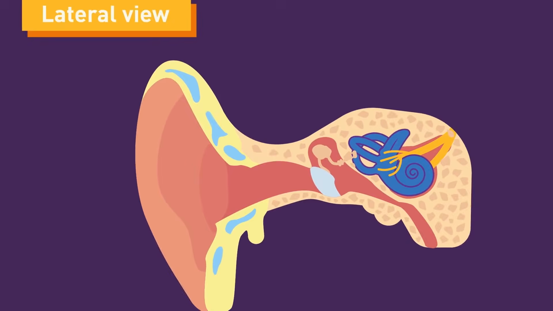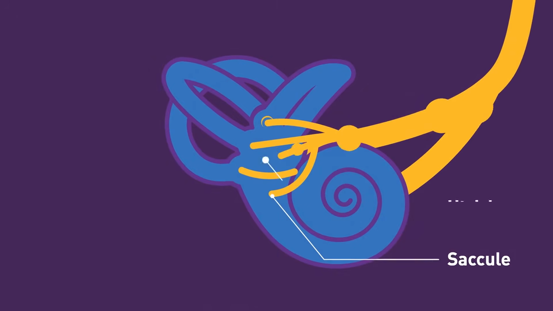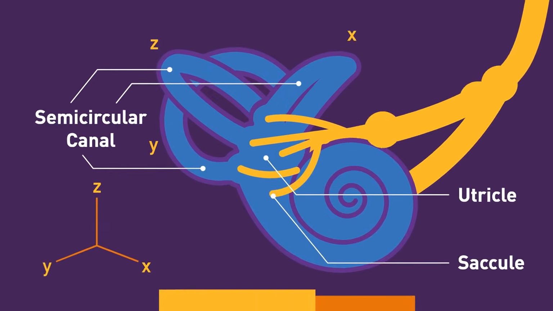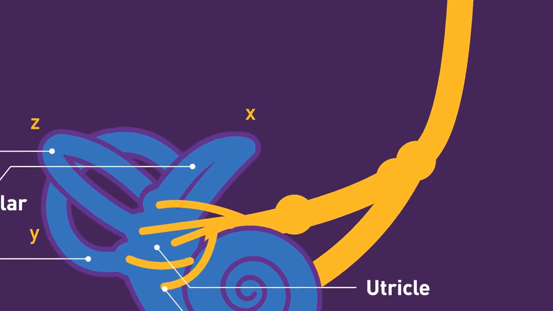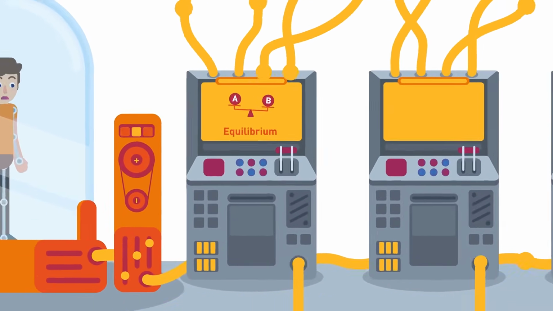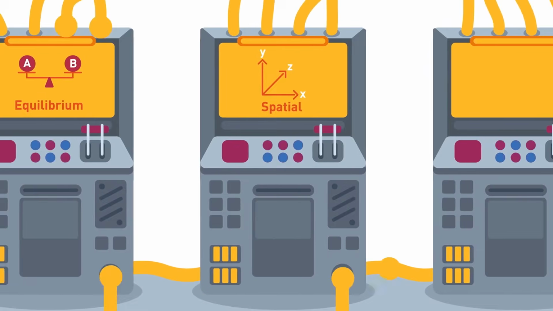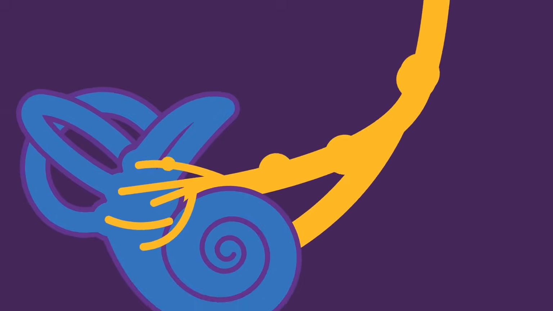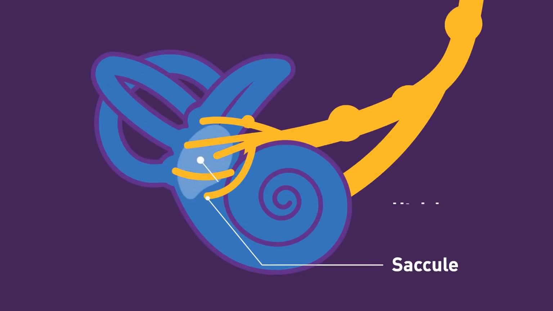Our ears contain special parts like the saccule, utricle, and 3 semicircular canals, which are all part of the vestibular apparatus. The purpose of vestibular apparatus is to provide the brain the correct perception of equilibrium, balance, spatial orientation, and motion. The parts that are responsible for vertical orientation are the saccule and utricle.